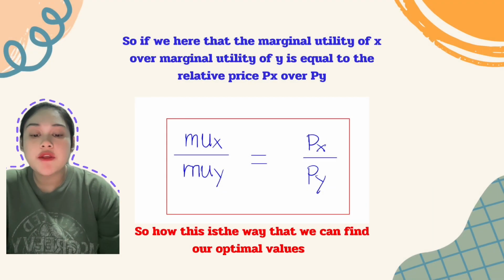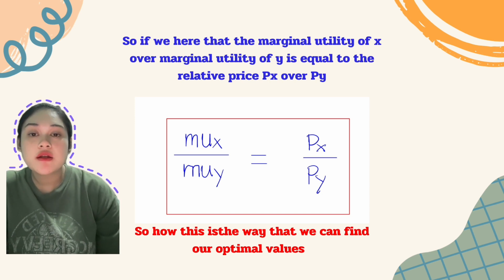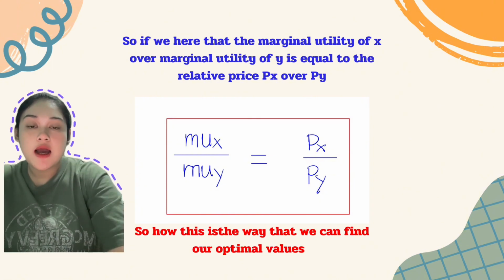So if the marginal utility of X over the marginal utility of Y is equal to the relative price Px over Py, this is the way that we can find our optimal value.